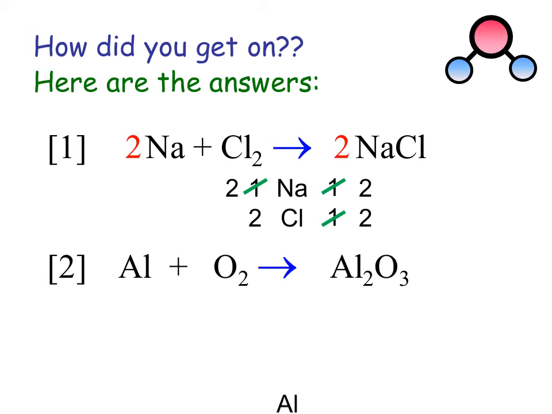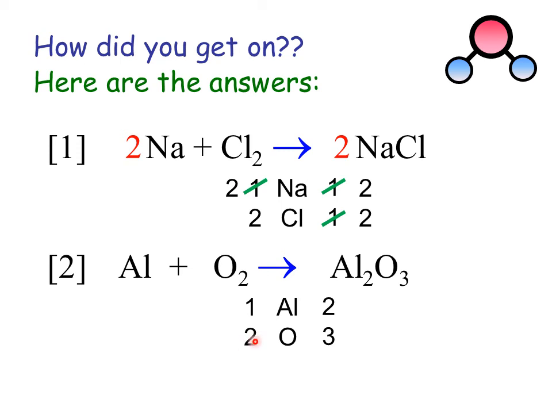The next one's a little more challenging. We have aluminums and oxygens. Okay, count them up. We have 1 aluminum and 2 oxygens on the left, 2 aluminums and 3 oxygens on the right. So this is a little more challenging to fix.